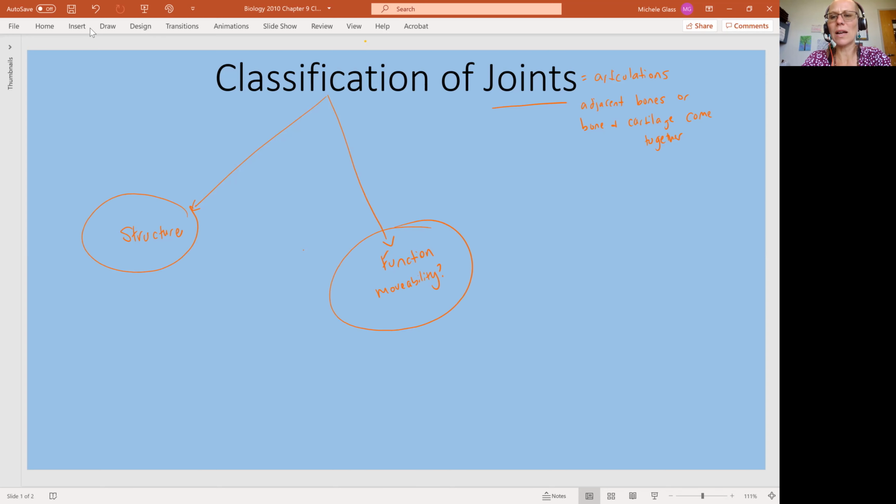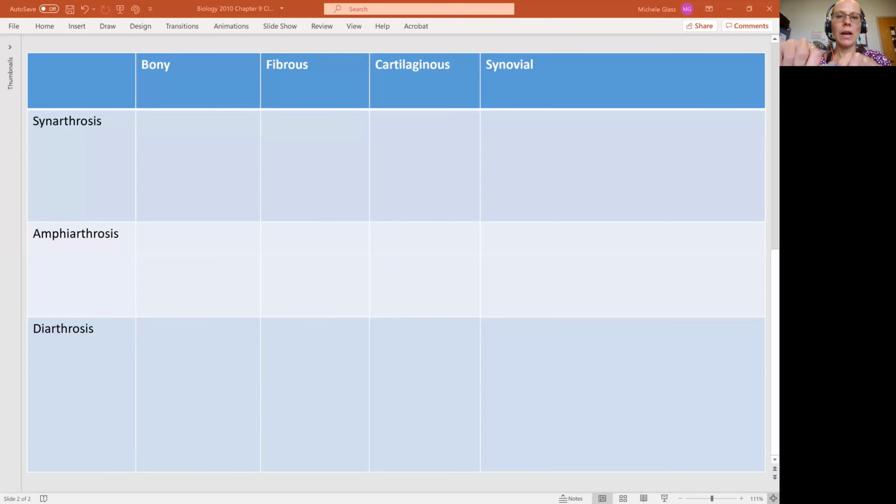So I think what is useful here is to do another one of my tables. What we're actually seeing here is that we have 5 columns, and then you need 4 rows.